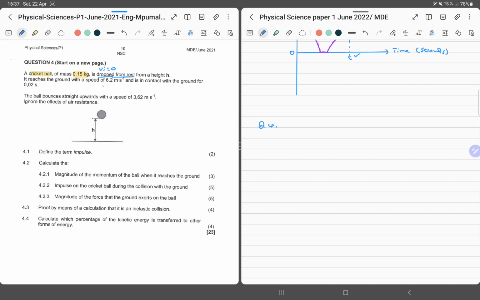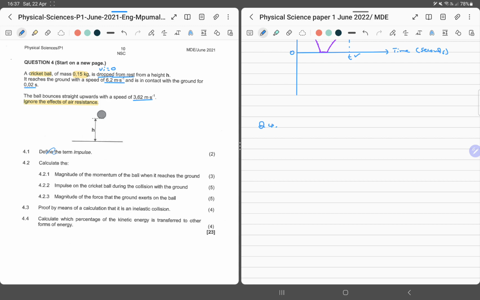It reaches the ground with a speed of 6.2 meters per second and is in contact with the ground for 0.2 seconds. So that is the impulse time. Now the ball bounces straight upwards with a speed of 3.62 meters per second. As you can see, it has lost some kinetic energy. Ignore the effects of air resistance as always. Okay, we've been given a sketch here, so we don't need to work out too much.